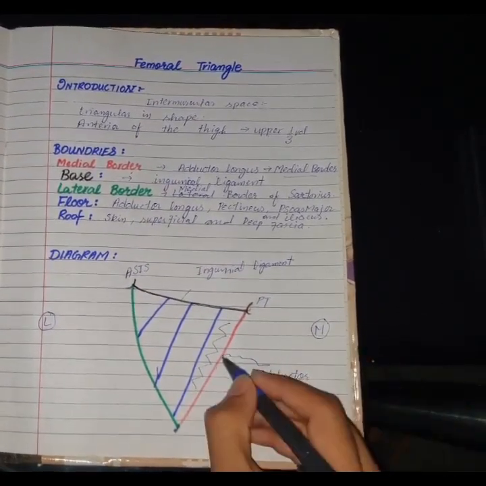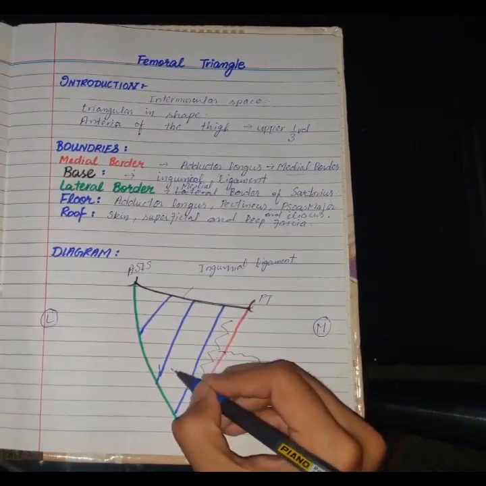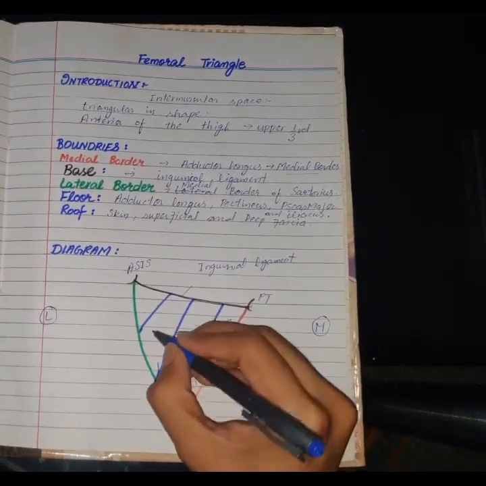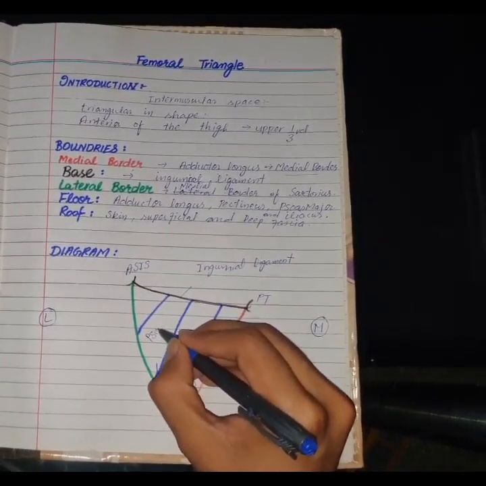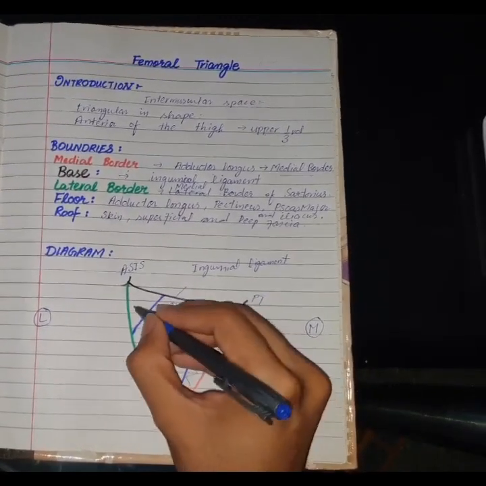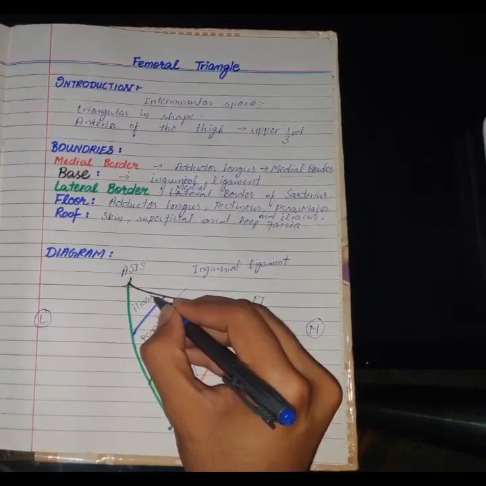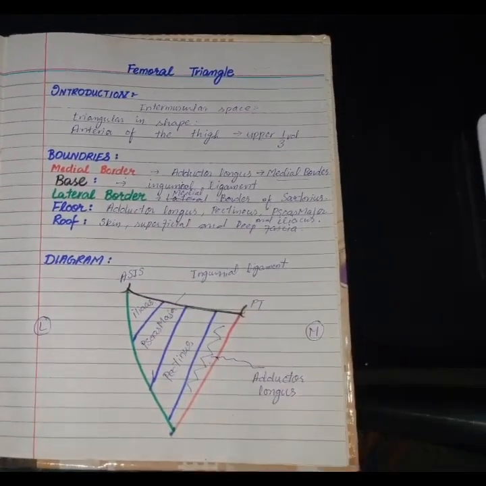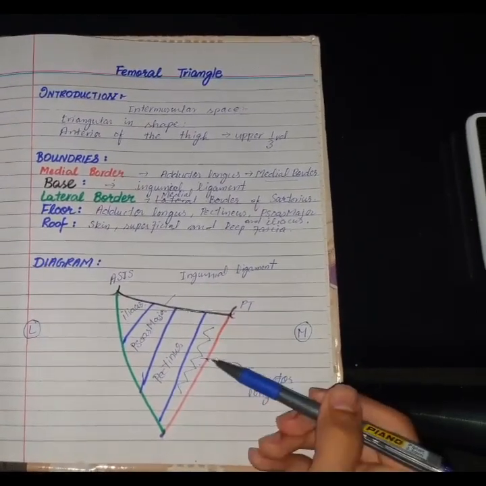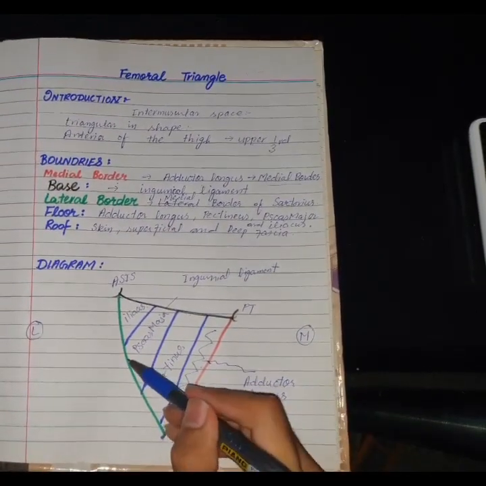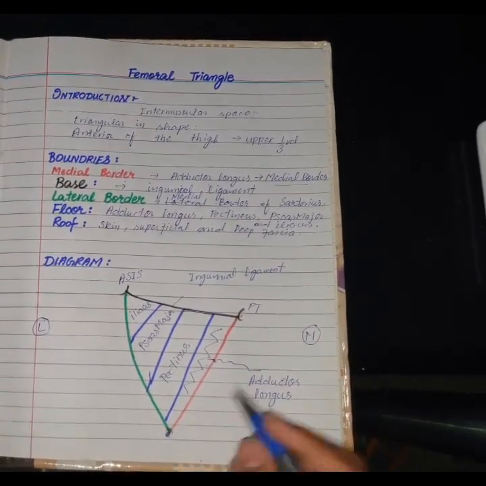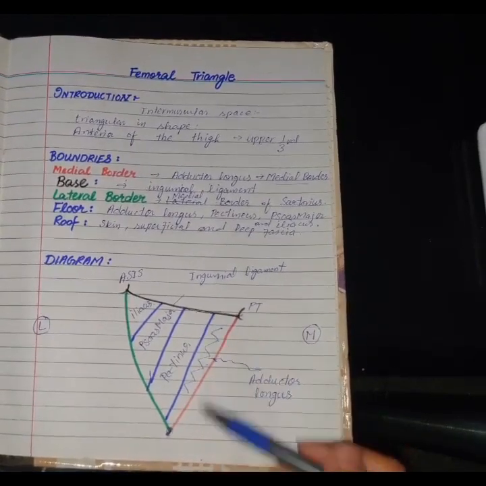So this is also adductor longus. This is pectineus muscle. This is psoas major and it is actually the tendon of psoas major muscle. And this is iliacus muscle forming the floor of femoral triangle. So this is base, this is medial border, this is lateral border, and this is the apex of the femoral triangle. The apex is formed where the medial and lateral boundaries cross over each other.